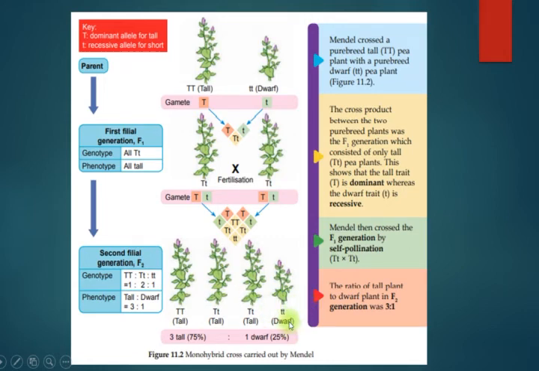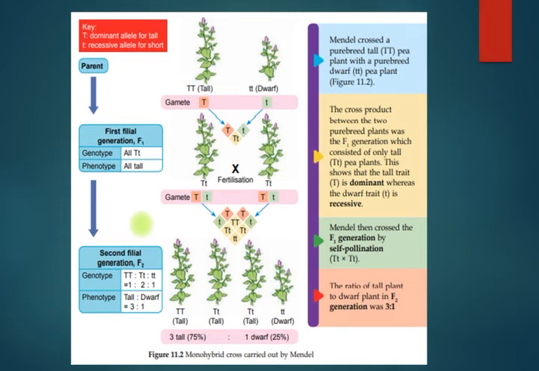So the ratio of tall to dwarf plants is 3 to 1 in the F2 generation. So this is the experiment of the monohybrid cross carried out by Mendel.